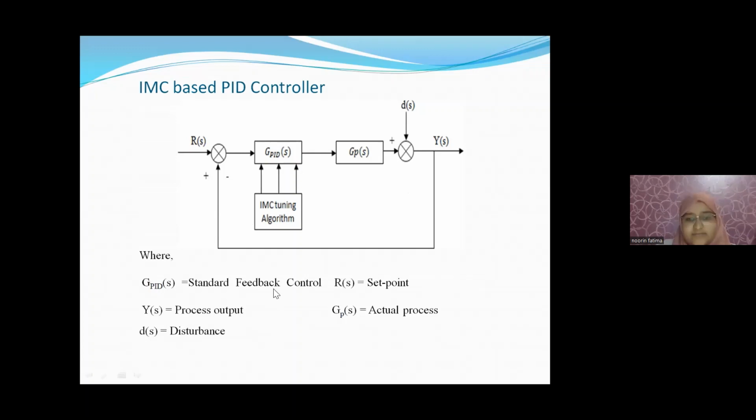Here GPID is a standard feedback controller, which is a function of the actual model and the IMC controller. So why especially IMC? It gives a better response compared to PID.